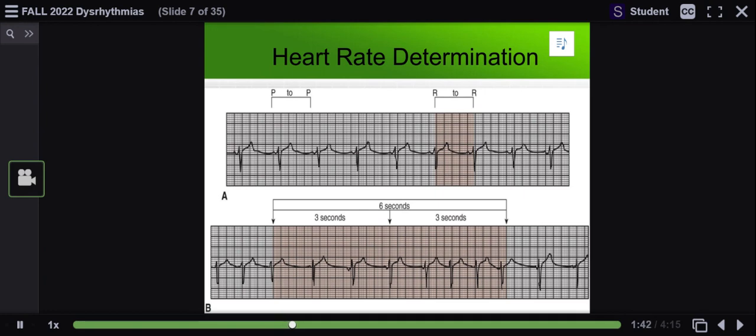That would be your heart rate, and that's the heart rate of this patient. But you have to understand that this method is more accurate when we have a regular rhythm. This strip A is an example of normal sinus rhythm.